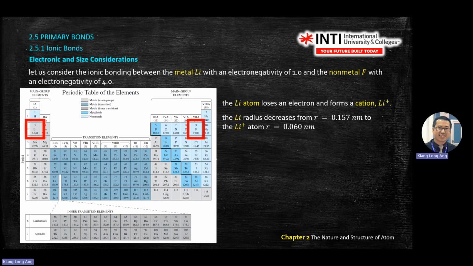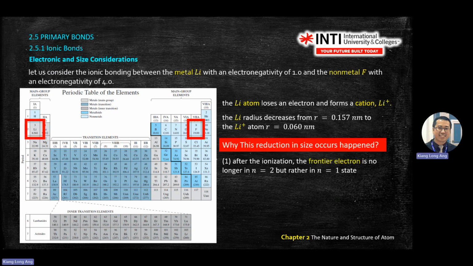What happens to the radius? It increases because it accepts one more electron, and the pulling force is unable to hold the electrons as tightly. So this is just a chemical explanation that was covered in the previous lecture. Why does this happen? Because ionization means releasing an electron.